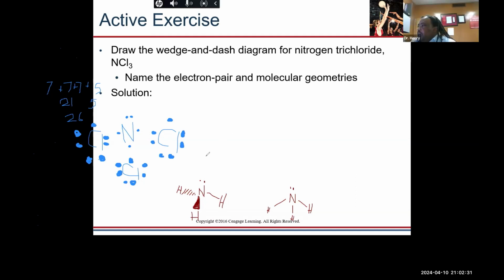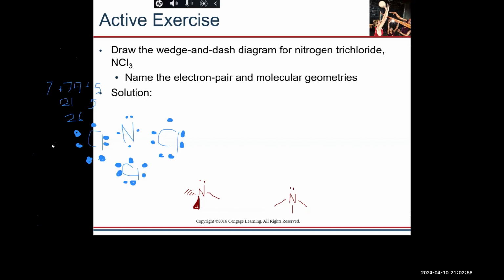Okay, so if we're doing a wedge dash, the regular one on the right, does that mean it's on the side?